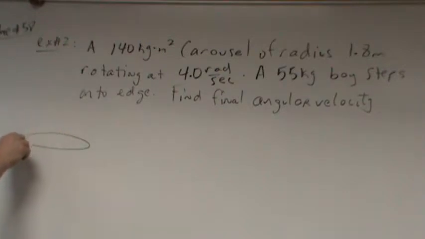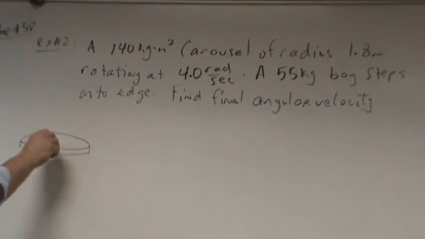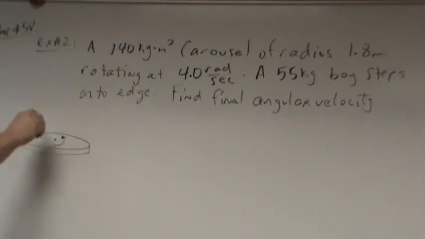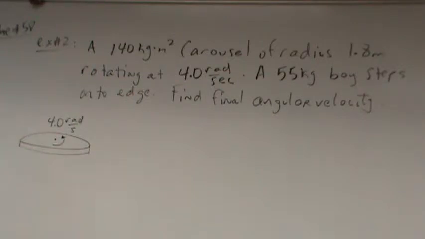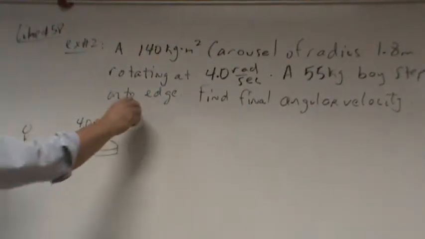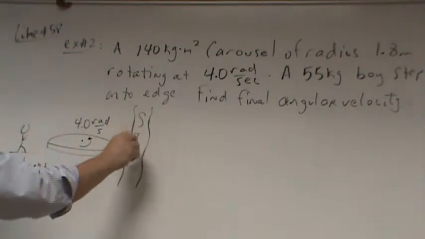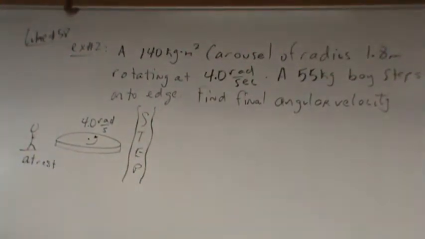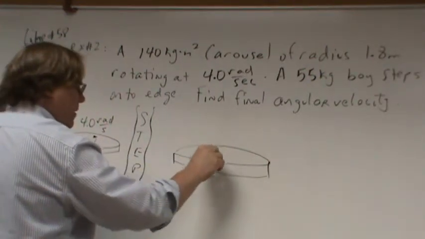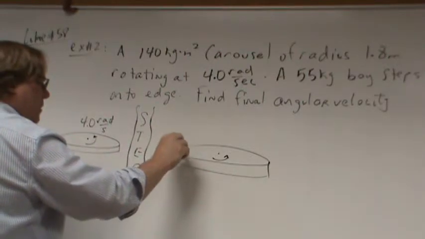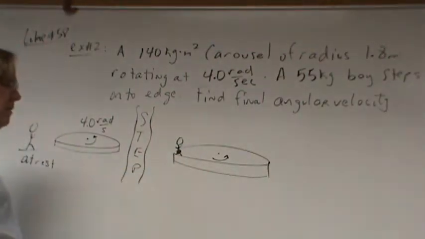Let me make a drawing to show you what's going on. I've got a carousel rotating at 4 radians per second, and I've got some dude who's at rest. And then he steps on, and now the carousel continues to rotate, but the dude, who's like a point mass, is rotating with the carousel.